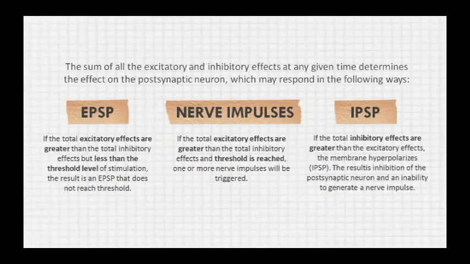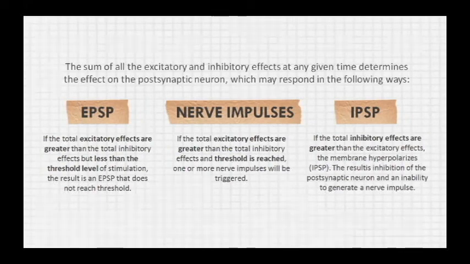However, a nerve impulse is reached when excitatory effects are much greater than the inhibitory effects and the threshold is reached. However, it would be inhibitory, or IPSP, if inhibitory effects are much higher than the excitatory. So those are the three kinds of the sum of all excitatory and inhibitory effects.